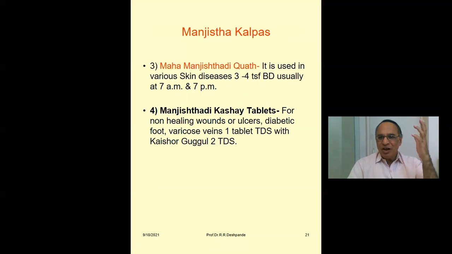Then Mahamanjisthadi Kwath or Kadha is used in various skin diseases, 3 to 4 teaspoons morning and evening at 7 a.m. and 7 p.m. Manjisthadi Kashaya tablets for non-healing wounds or ulcers, diabetic foot, varicose veins: 1 tablet 3 times a day, morning, afternoon, evening, with Kaishor Gugulu. Kaishor contains Guduchi, Rubia cordifolia, Rasayana, Tiktarasa: 2 tablets 3 times a day.